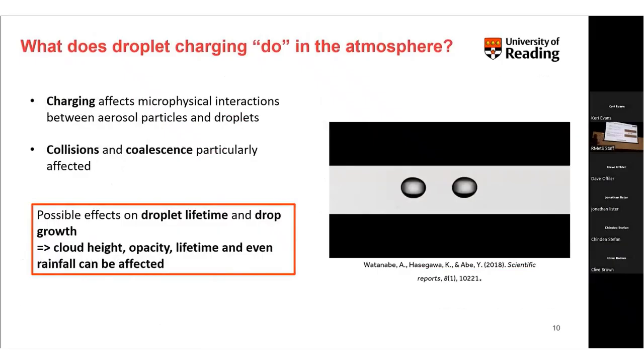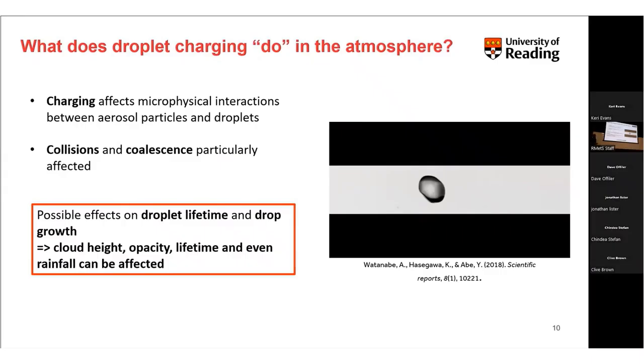So what does this charging of droplets do? Well, we'll discuss this in a bit more detail shortly, but basically it affects the microphysical interactions between aerosol particles and droplets. And collisions and coalescence, which is particularly important in clouds, is affected by charge.